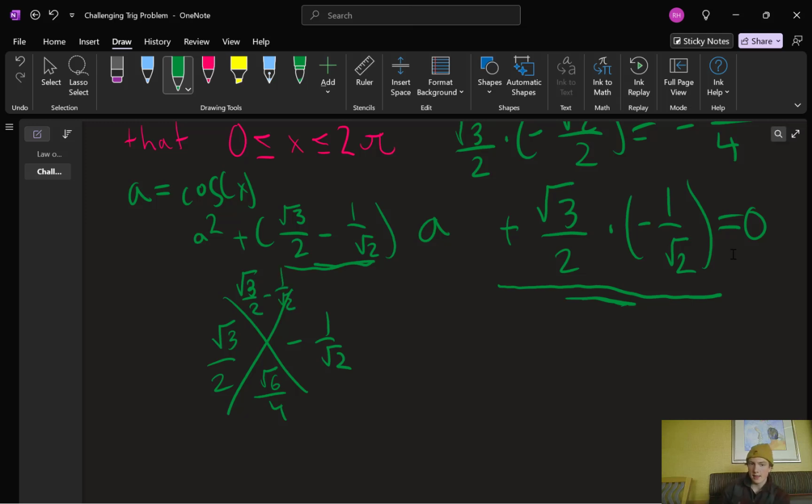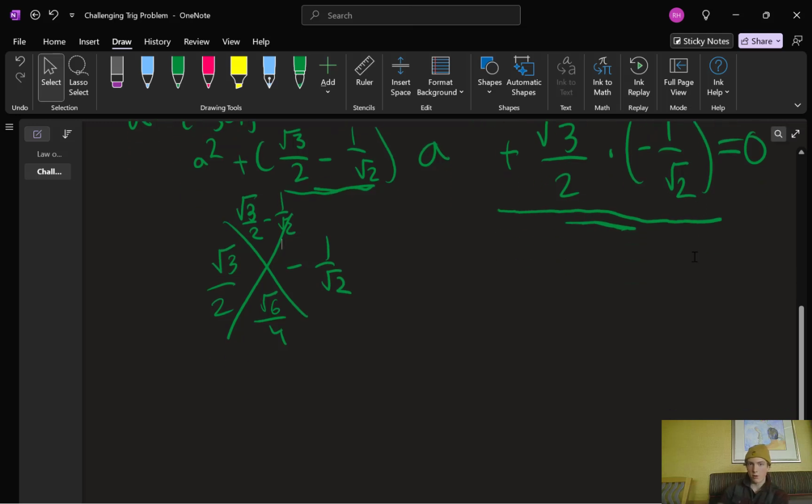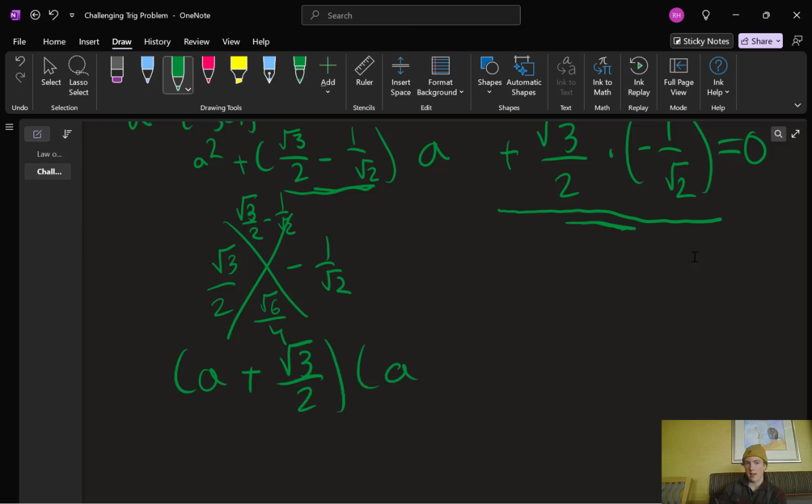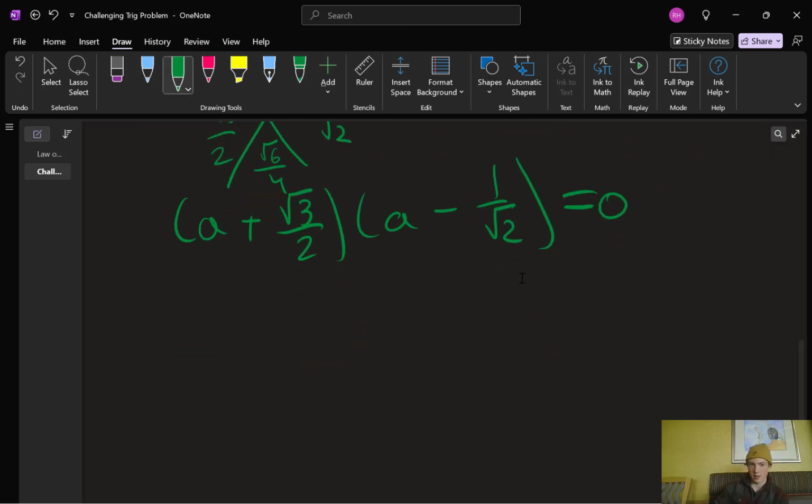So now that we know that, we can factor it into two products: a plus square root 3 over 2 multiplied with a minus 1 over square root 2, and set this equal to 0. Now we just have to solve both sides.